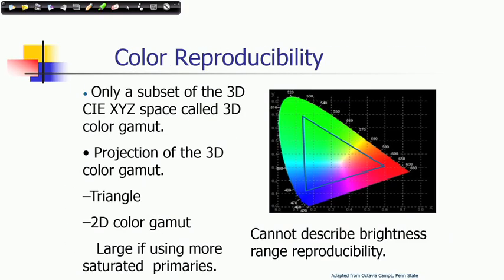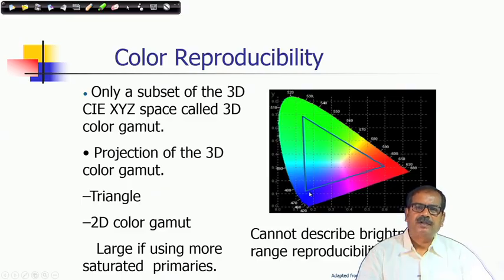As I was mentioning, color reproducibility depends upon the choice of primaries, because once you choose a set of primaries, in the XY chromaticity chart itself we can represent them as 3 points. Now, this forms a triangle.